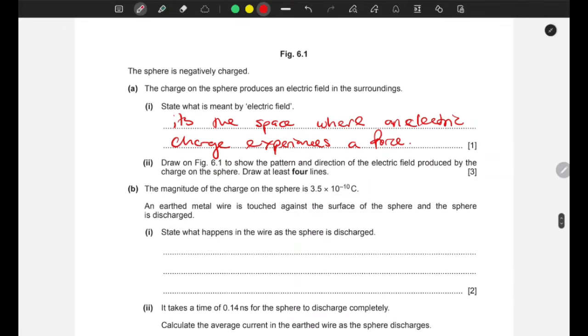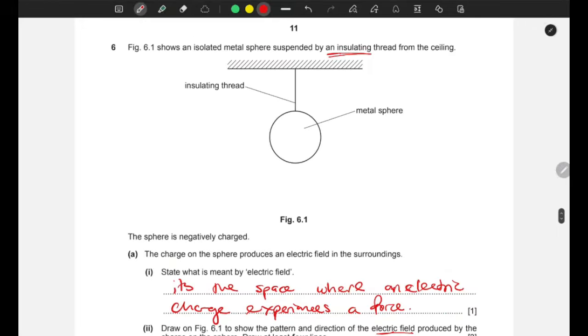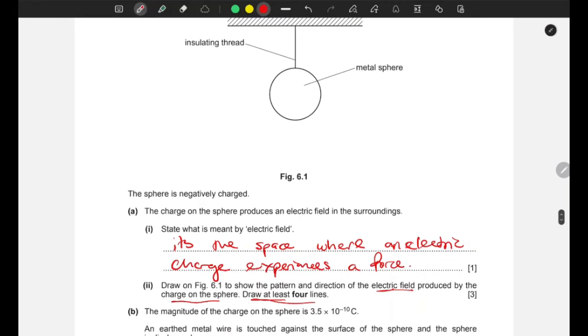Part 2. Draw on figure 6.1 to show the pattern and direction of the electric field produced by the charge on the sphere. Draw at least 4 lines. Okay, so an easy way to do this is we know that the sphere is negatively charged.